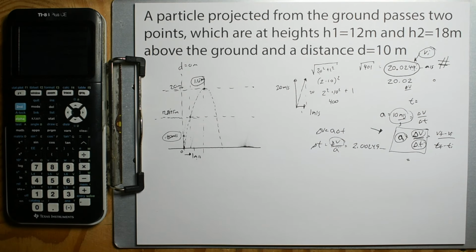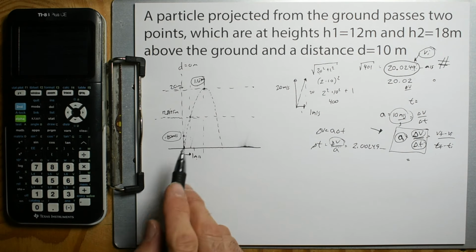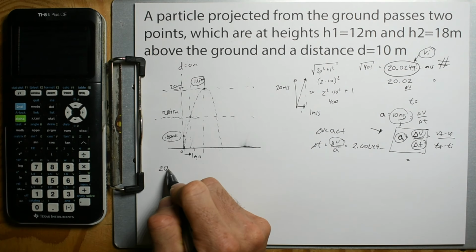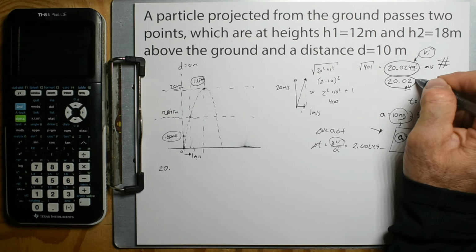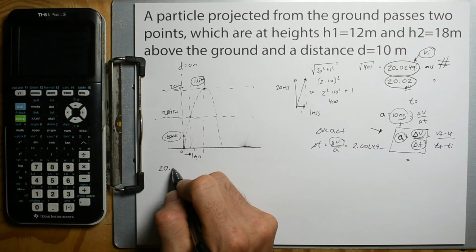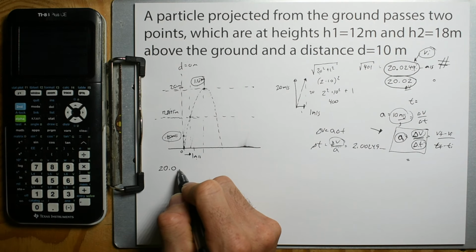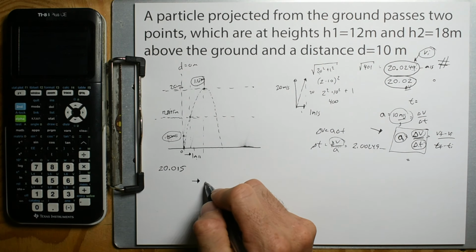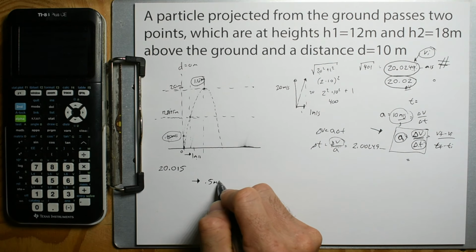And so the idea is, let's increase this, so this is 20 point, and if this is the overall, let's say this is 20.015. Cool. And it just happens to be that this component is 0.5 meters per second.